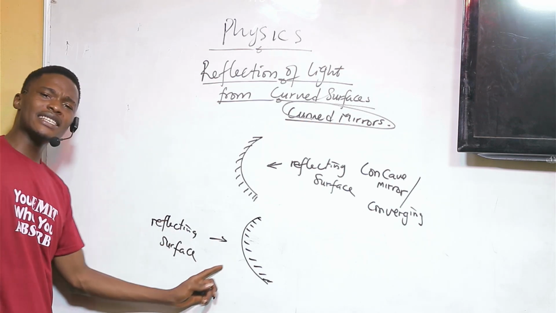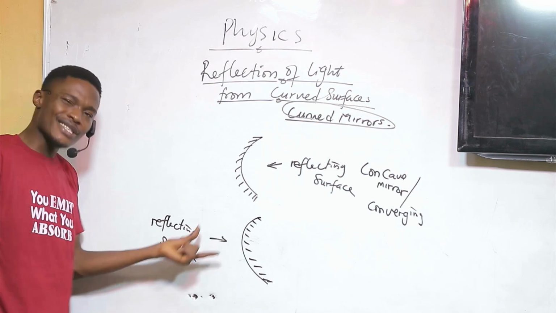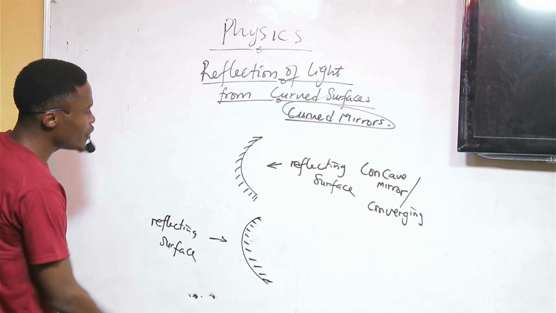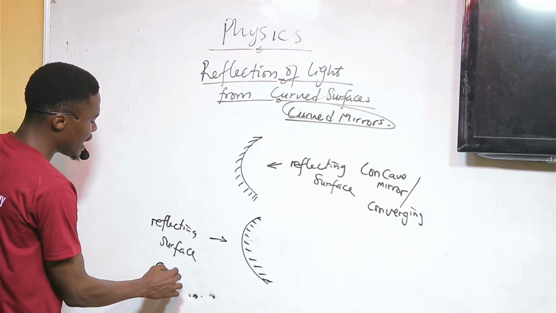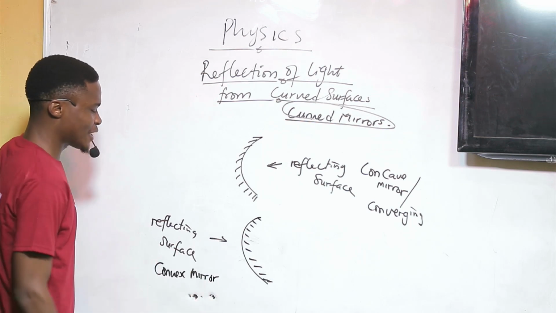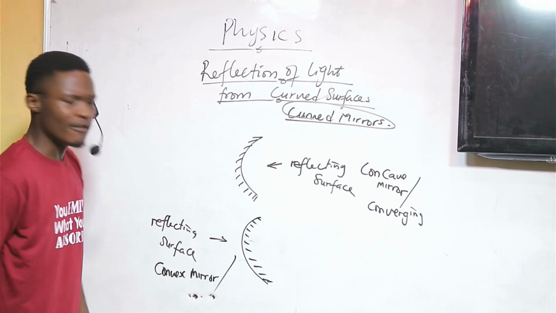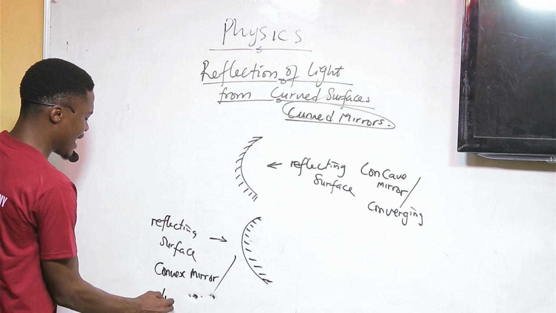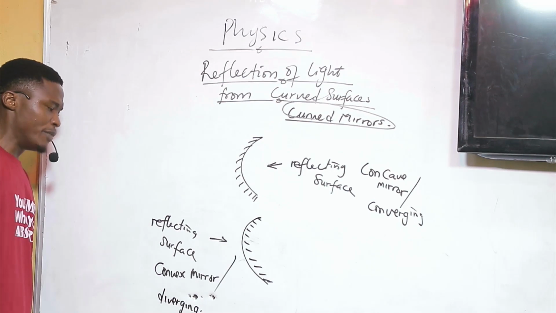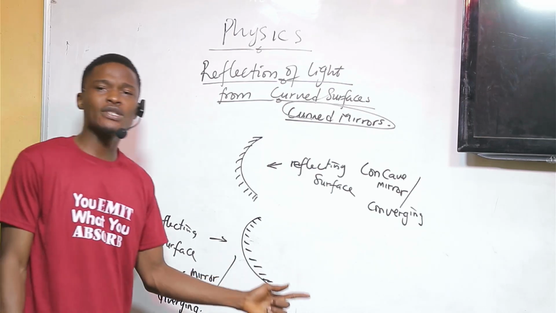Okay, now because the outer part is the reflecting surface, this type of mirror is known as a convex mirror. Or if you don't call it a convex mirror, you will call it a diverging mirror. You will call it a diverging what? Mirror.